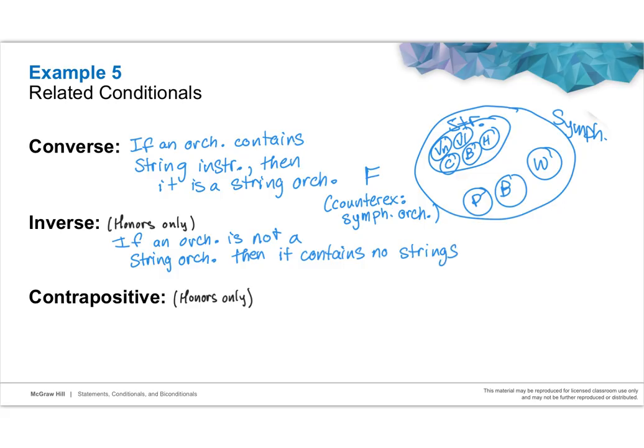So we go over to our diagram and we say if an orchestra is not a string orchestra, well, then it could be, again, a symphonic orchestra. And therefore, since symphonic orchestras also contain strings, this would again be a false statement, and the counterexample would again be a symphonic orchestra.